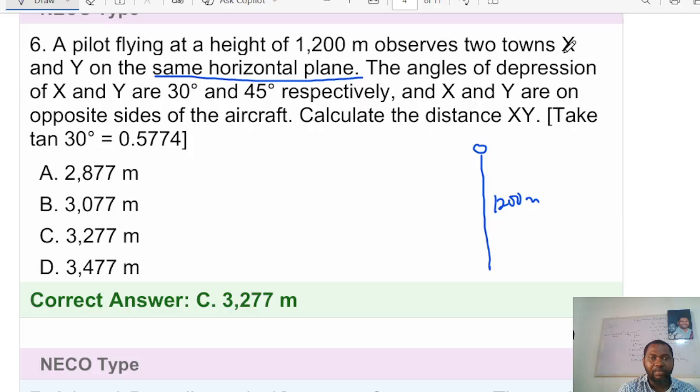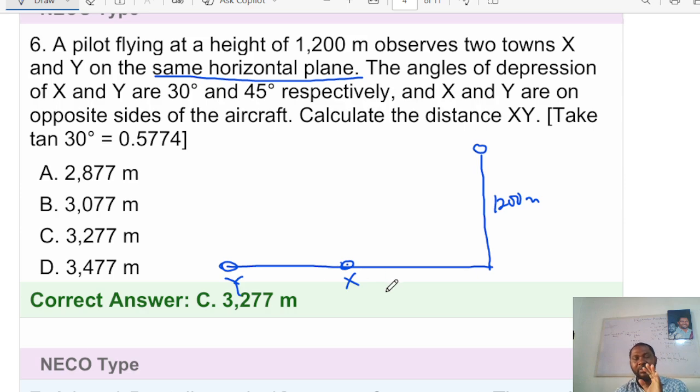It observed two points, two towns, X and Y. So there are two towns on the ground on the same horizontal plane. Maybe one is here and the other is here. I can call this X and this Y, right? And it says that the angles of depression of X and Y are 30 degrees and 45 degrees.